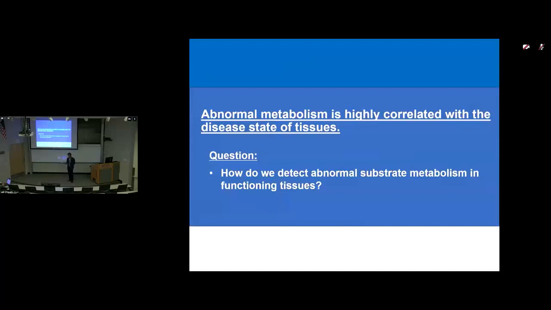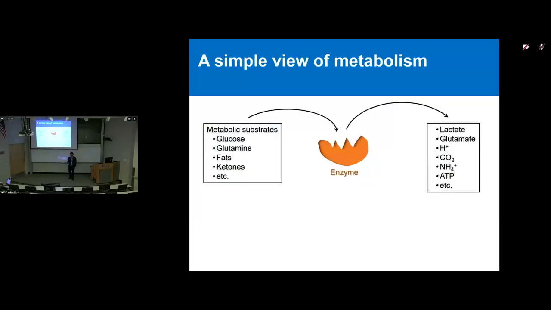So I'm going to go back and talk about a very simple view of metabolism. Maybe I would just call it my simple view, because a lot of people here are experts in metabolism. When I look at metabolism, what I see is chemical compounds, and I'm a chemist, obviously, going through, in this case, an enzyme through a chemical reaction.